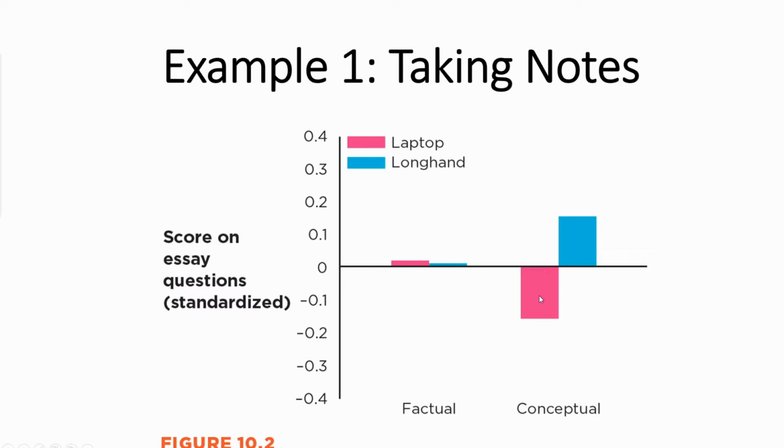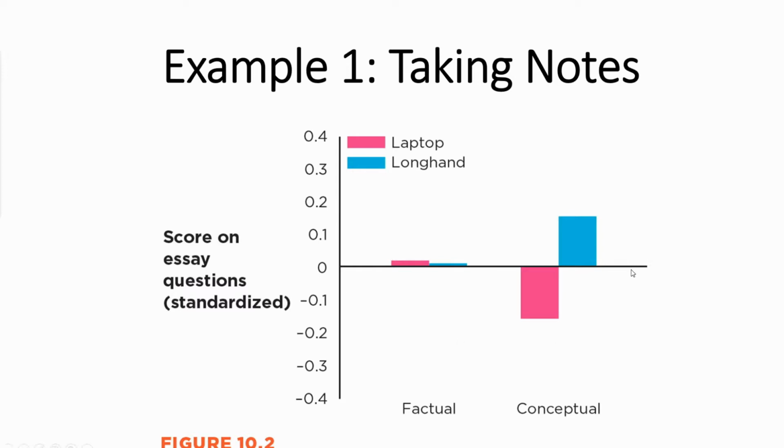So this would be showing that people who took notes on the laptop scored lower than average, and the people who took notes on pen and paper scored higher than average. And so you can see the difference between the groups. So our researchers would then conclude that taking longhand notes makes you perform better on conceptual type questions.